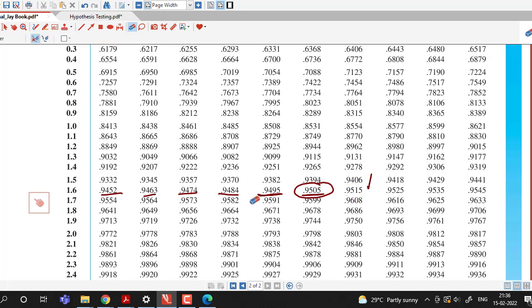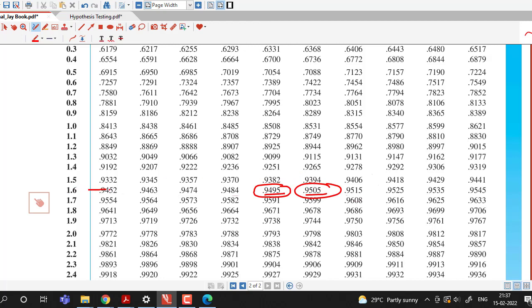So we find the area which is very near to 0.95. Now the difference of 0.95 with these two values is the same, therefore we will consider both the values and take the average of the corresponding z values.